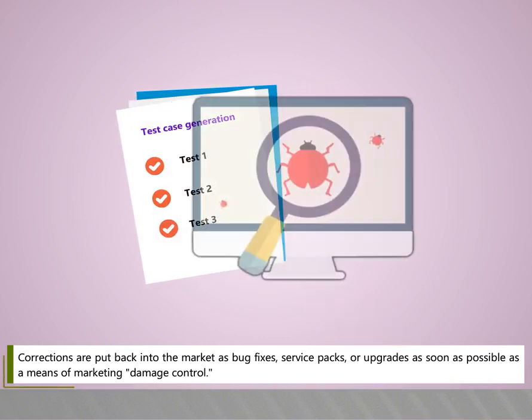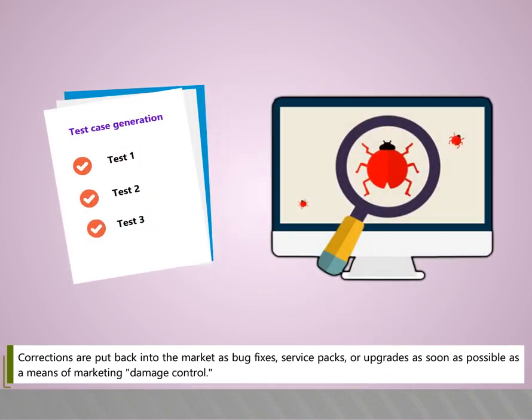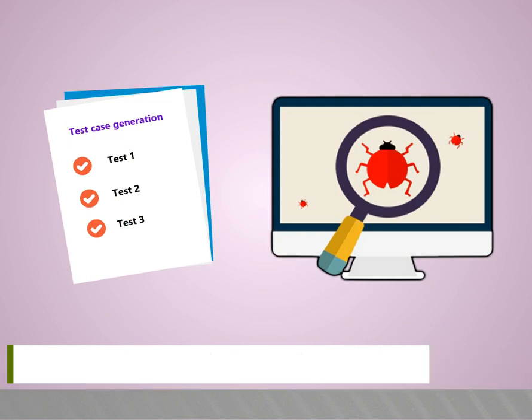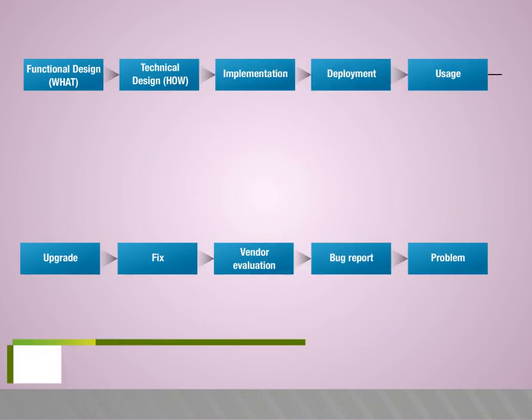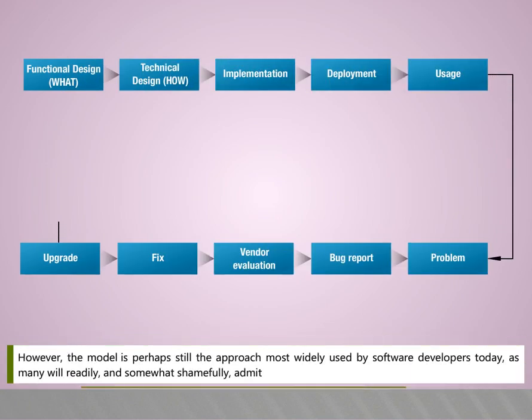Corrections are put back into the market as bug fixes, service packs, or upgrades as soon as possible as a means of marketing damage control. However, the model is perhaps still the approach most widely used by software developers today, as many will readily and somewhat shamefully admit.